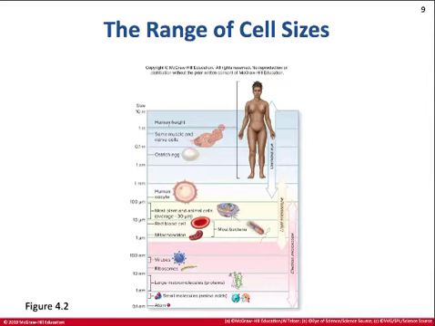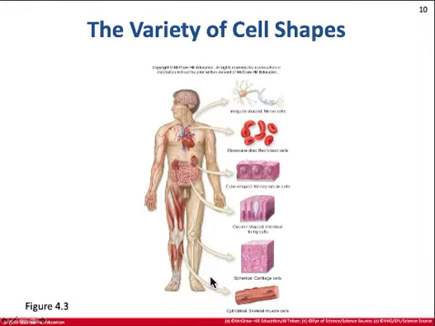You can see the range of cell sizes here. So we're going to be looking at stuff that is in the yellow range, right? So 100 microns down to a micron. We can't pick up stuff below that, again, because the wavelength of visible light is too big to deflect objects that are so tiny. You can see some different cell shapes here. Again, notice that the arrangement, the shape, the location are different, and that generally reflects the function of the cell.